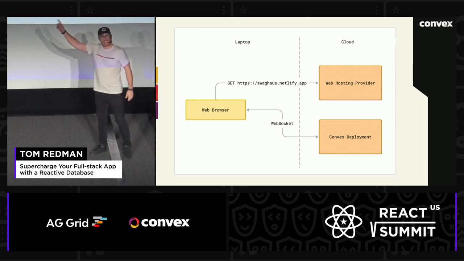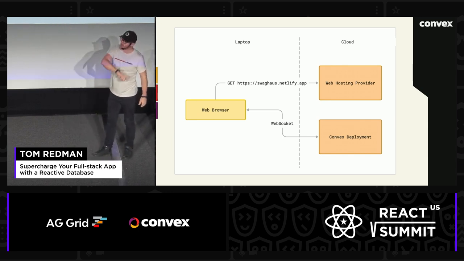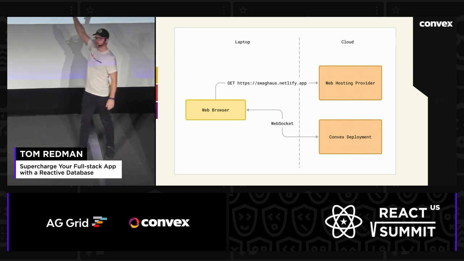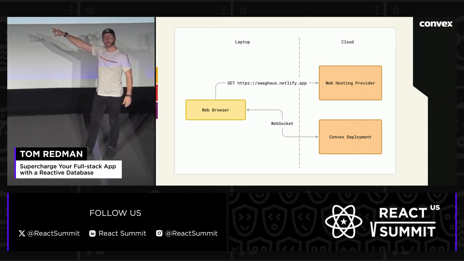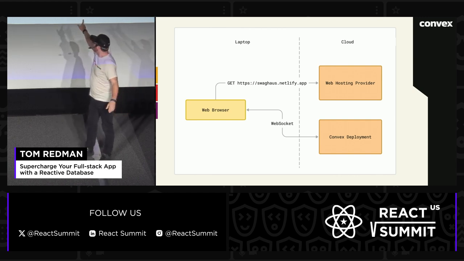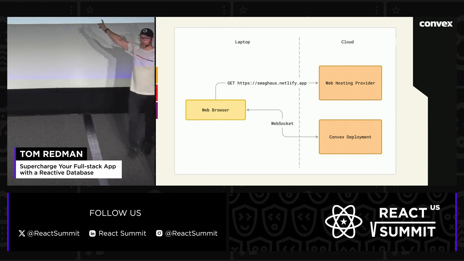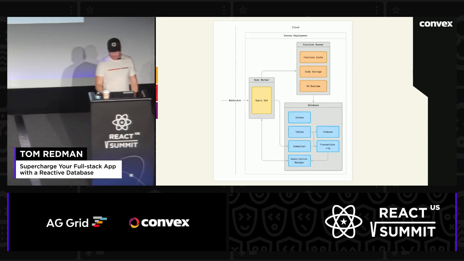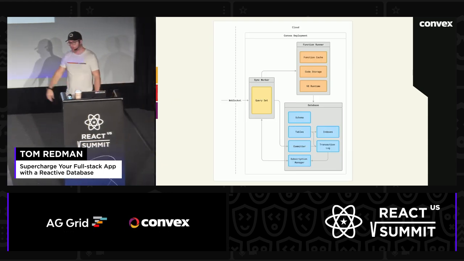And so when a client, like a web browser, hits your site, all the normal stuff happens. And then anything to do with Convex, so your data or your state management, and we'll get to that, is attached to your Convex deployment through a WebSocket, also wicked fast.